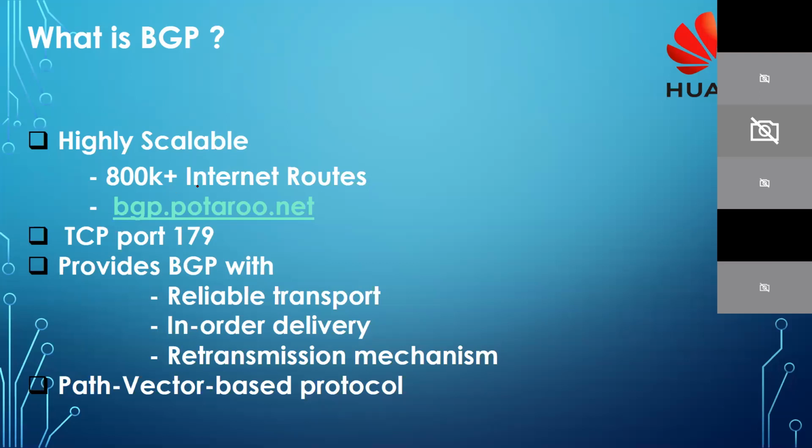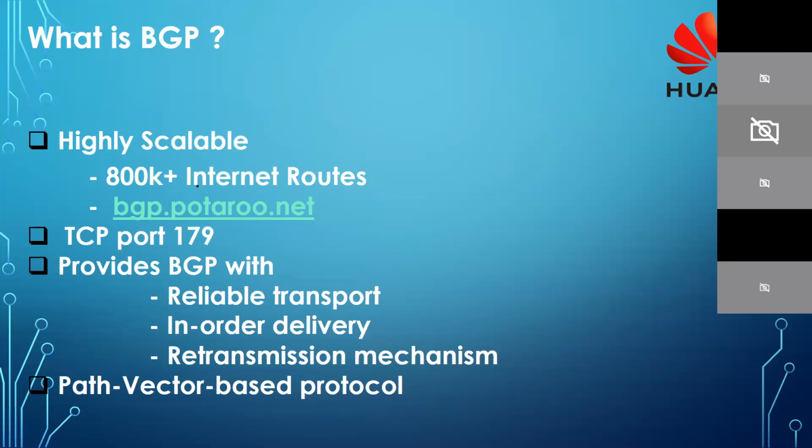Your router CPU can't handle that. This is why BGP is used, because it's the most scalable routing protocol.